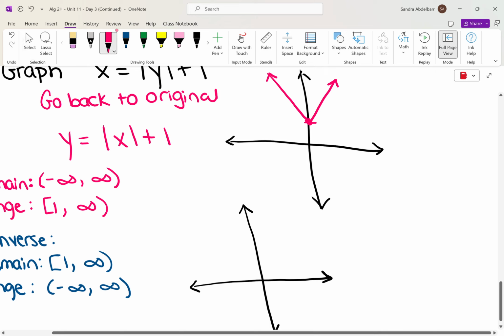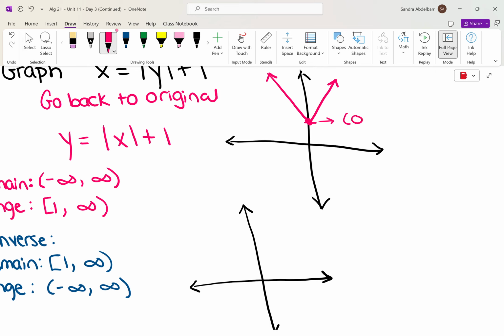Now, do you all agree when we went back to the original, the only point we actually found was the point 0, 1? We just sketched the rest, right? Well, when you make the inverse of it, what do you do with your coordinates? You switch x and y. So that 0, 1 becomes 1, 0.